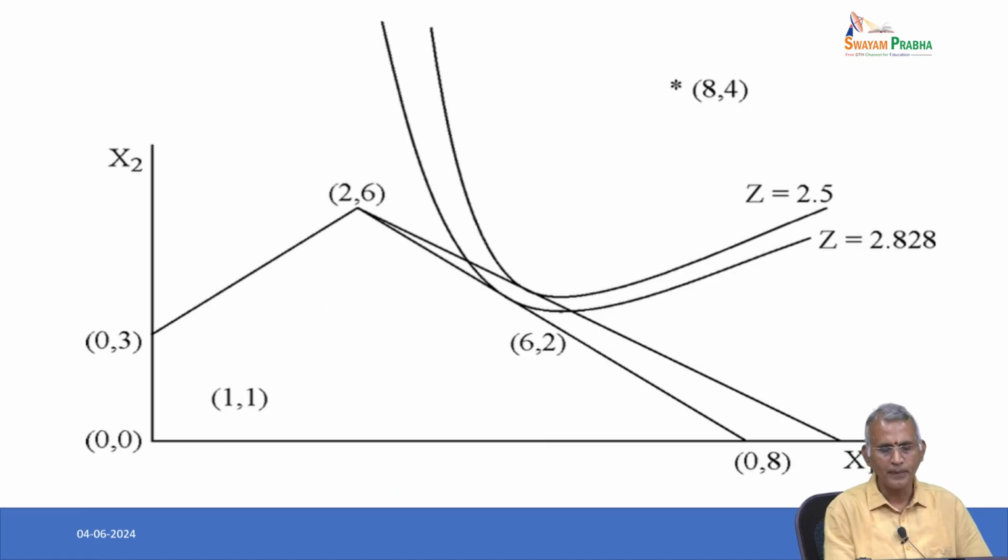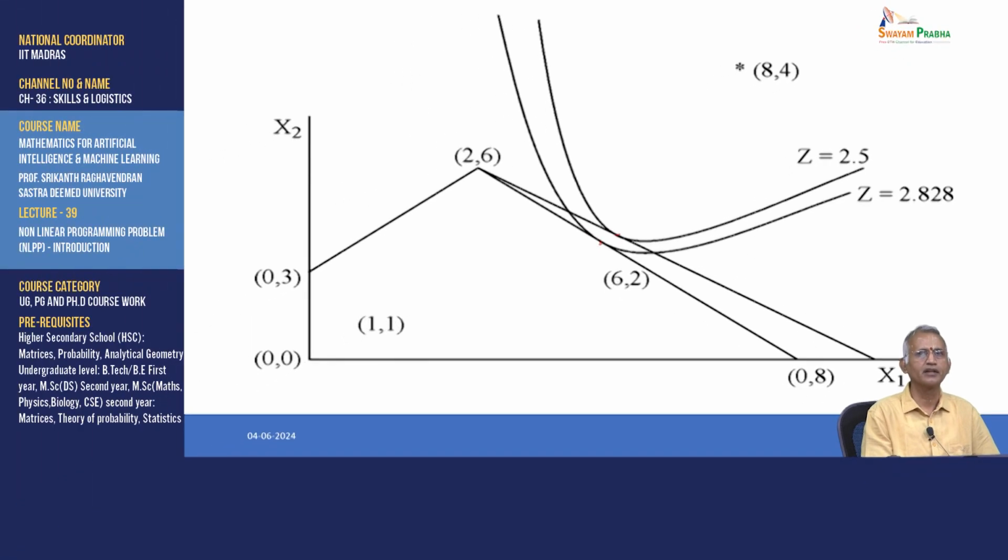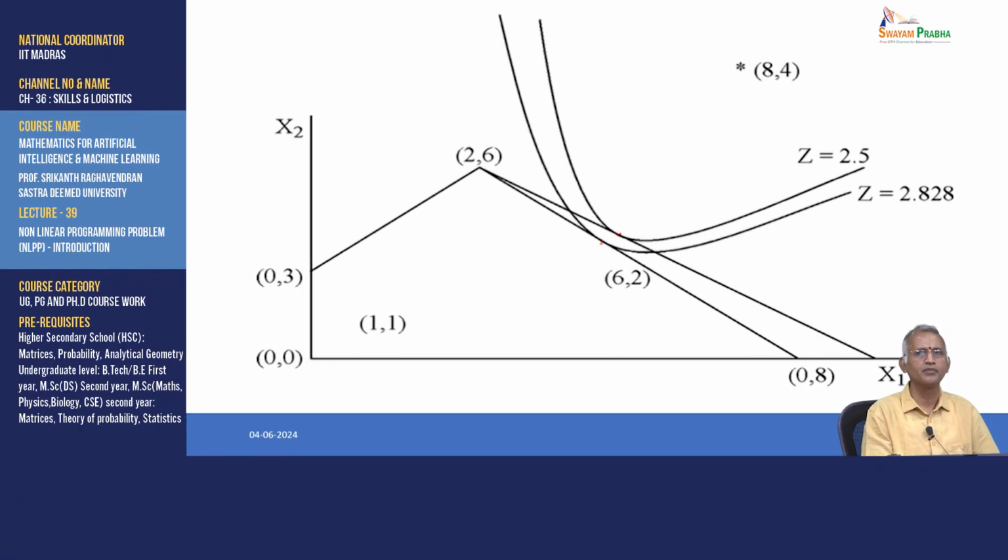This is the expression corresponding to the graph. After solving this, one lies here and another lies here, so we do not get a definite answer. It is more or less a nonlinear type of programming problem, where one curve has z of 2.5 and another curve has 2.828, and we cannot predict accurately, whereas approximately we can predict. That is why it goes to NLPP.